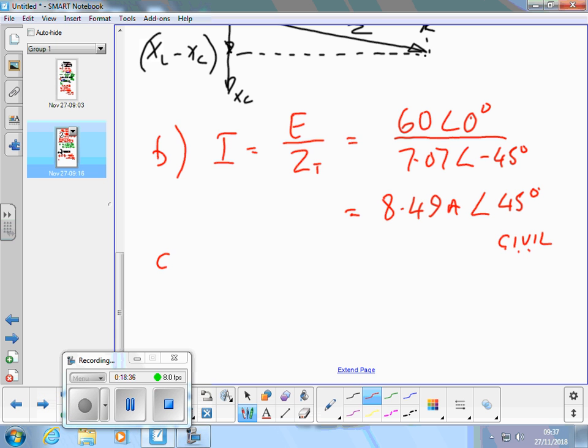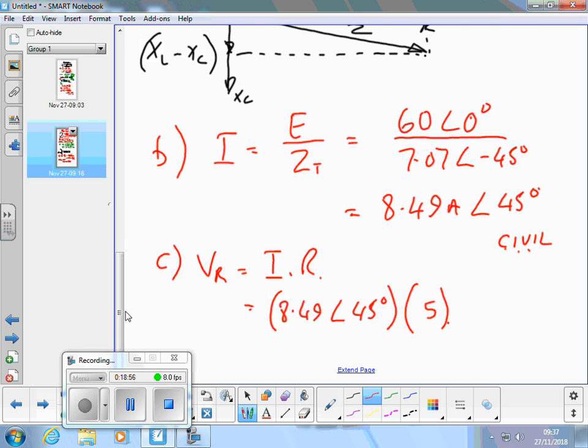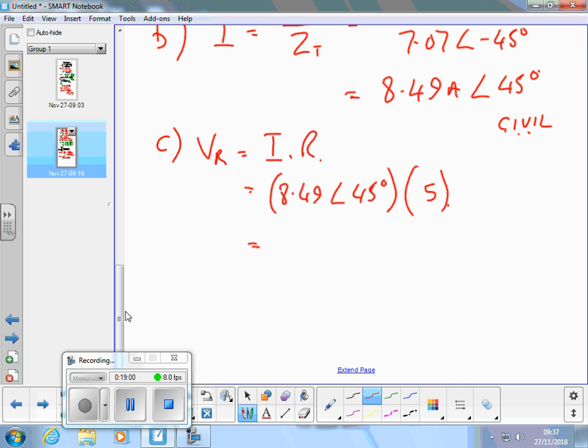C. VR is equal to Ohm's law, I times R. I was 8.49, angle 45, and the resistance 5 ohms. So that is 42.5, I'll take.